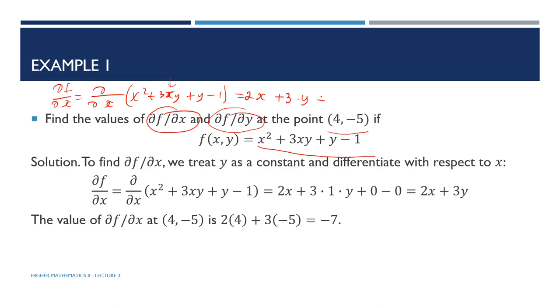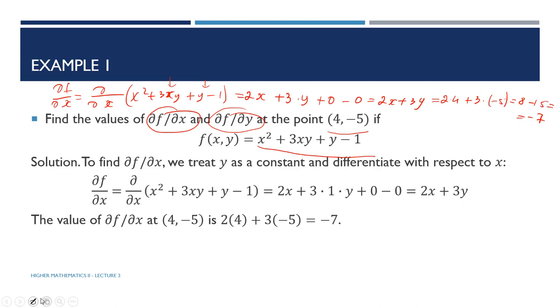Plus the derivative of y becomes 0, and the derivative of 1 becomes 0. So 2x plus 3y. Plugging in the point, 2 times 4 plus 3 times -5 equals 8 minus 15, which is -7. So this is ∂f/∂x.